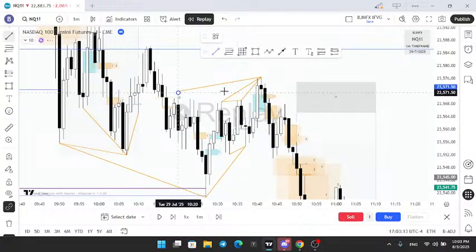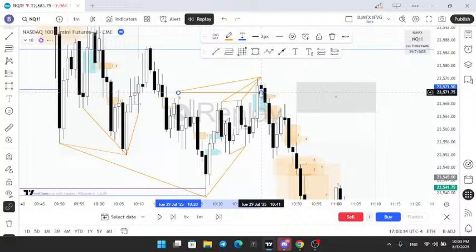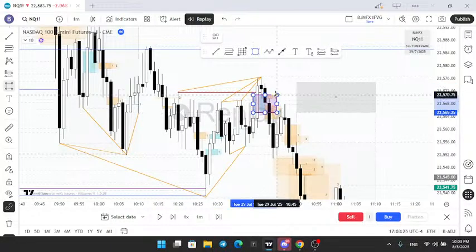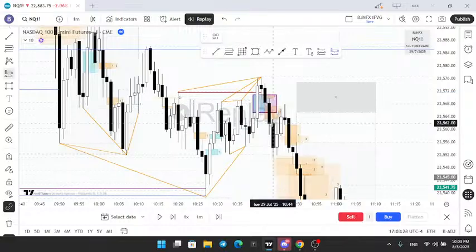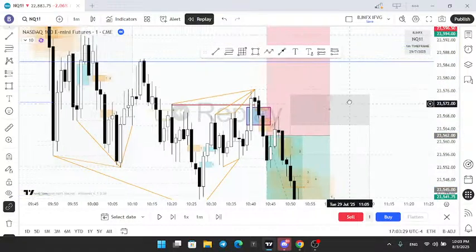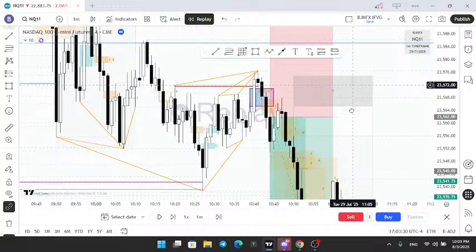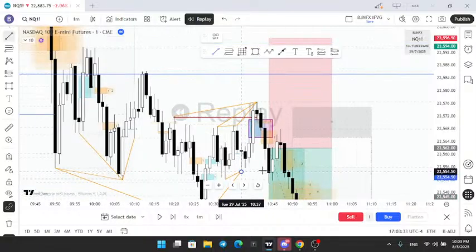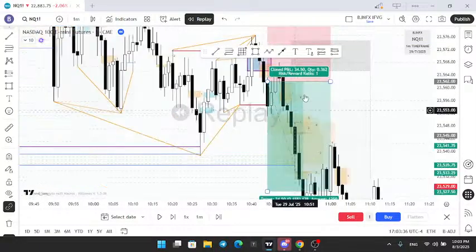We swept all these highs here. There's also an SMT between these highs in QQQ and NQ. We had this beautiful inversion, but the setup ended up being a break-even trade. That was the break-even level.